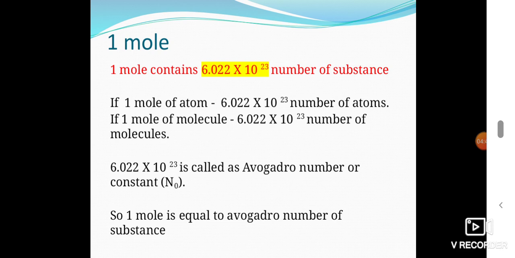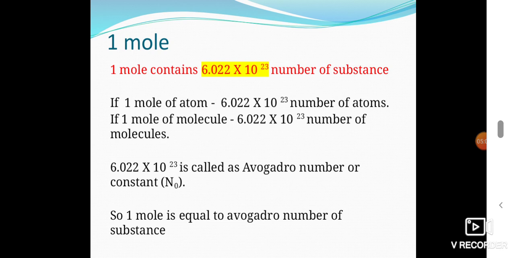If 1 mole of molecules, how many molecules does it contain? For example, 1 mole of water molecules contains how many water molecules? 6.022 into 10 power 23 number of water molecules.